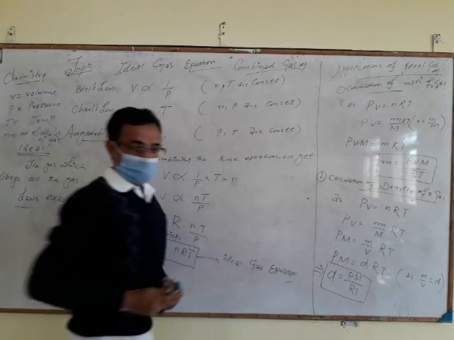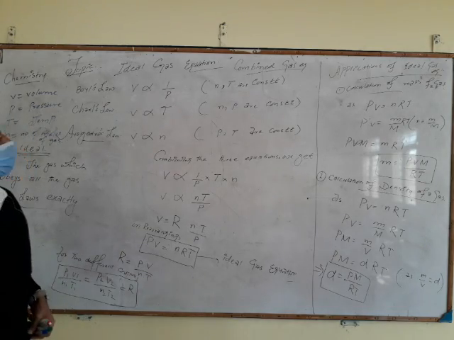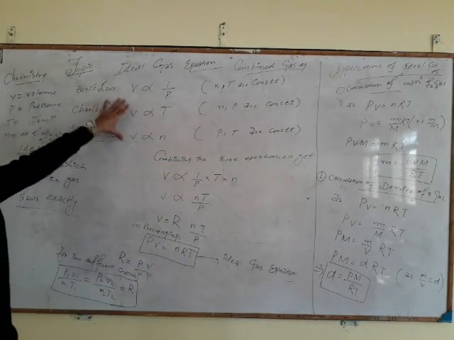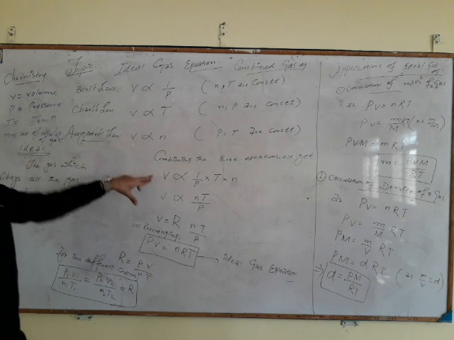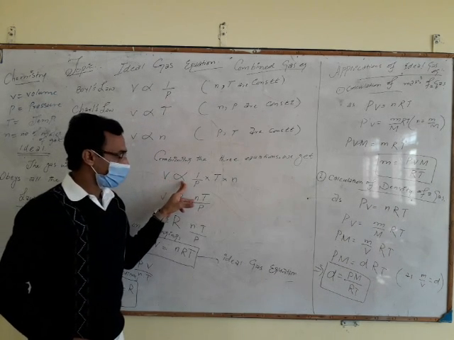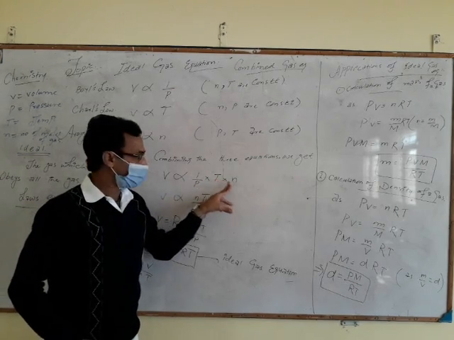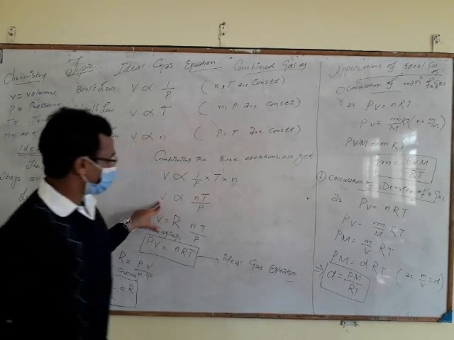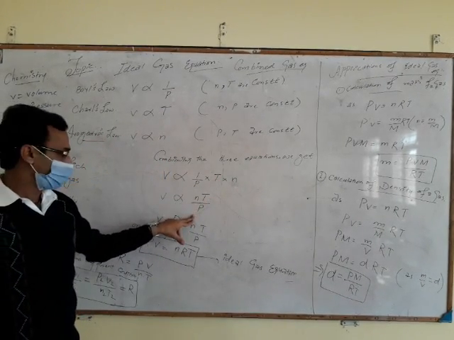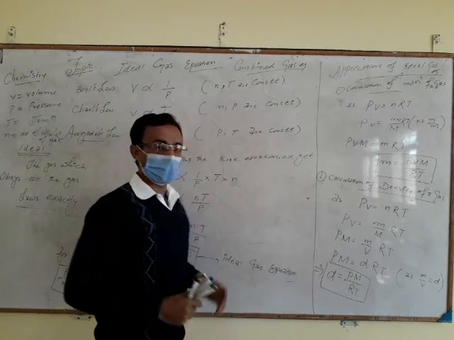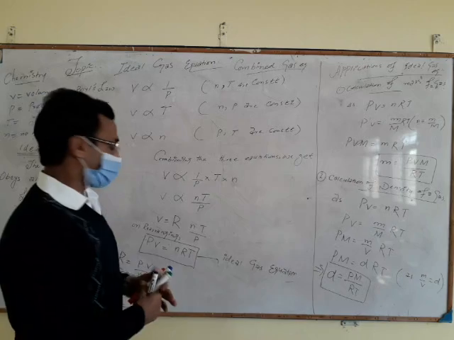इसको combined gas equation भी कहा जाता है क्योंकि इसमें एक्चुअली हम तीनों laws को combine करते हैं. So, if we combine the above three laws, we get V proportional to 1 over P, T and N, meaning V proportional to NT divided by P. When we change the sign of proportionality to the sign of equality, we introduce a constant.